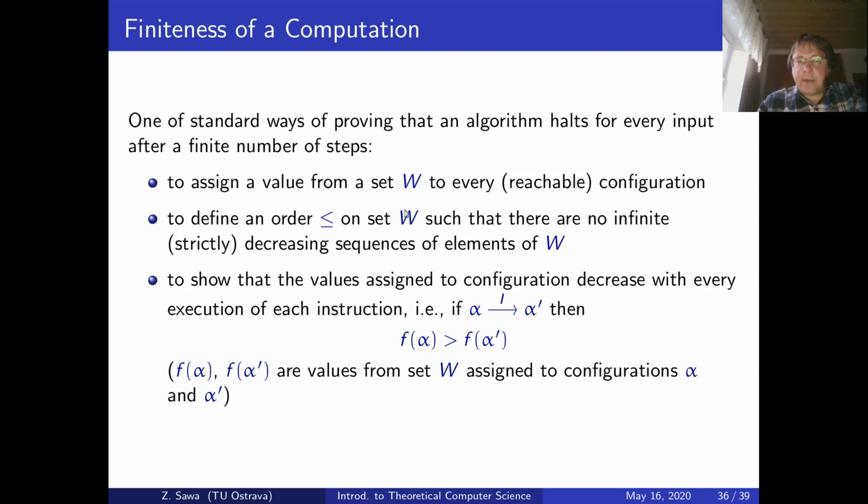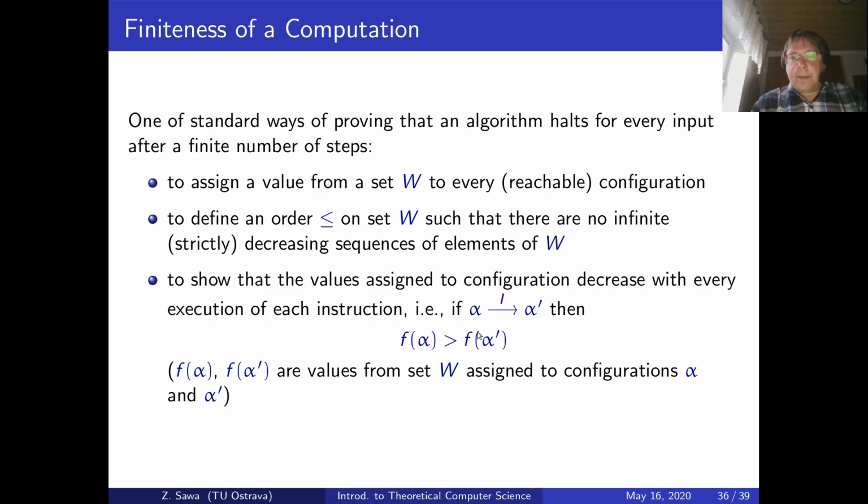The assignment of these values from W to configurations will be denoted F(alpha), the value assigned to configuration alpha. So if the new value is strictly smaller, and there are no infinite strictly decreasing sequences of elements in the set, then I can be sure.